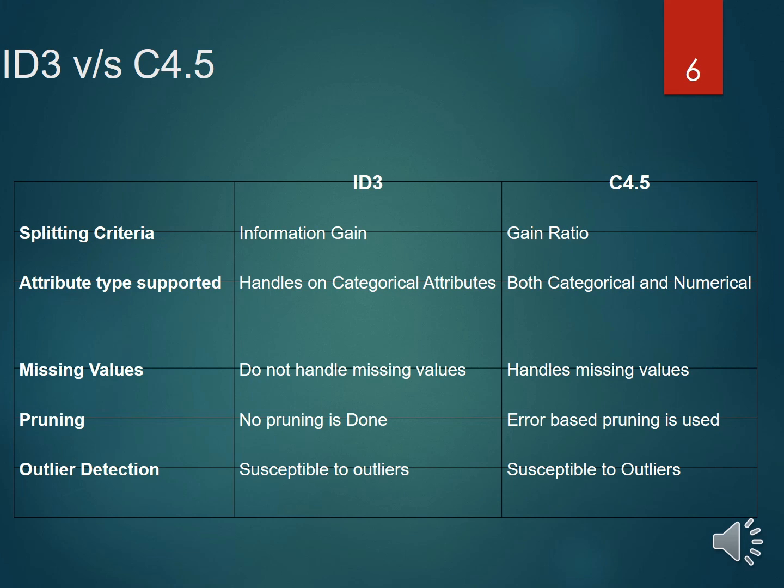Now what about the missing values? As I've already told, ID3 does not handle missing values, while C4.5 handles them. Next, about pruning. In ID3 no pruning is done, while in C4.5 error based pruning is used. Then outlier detection: both are susceptible to outliers.